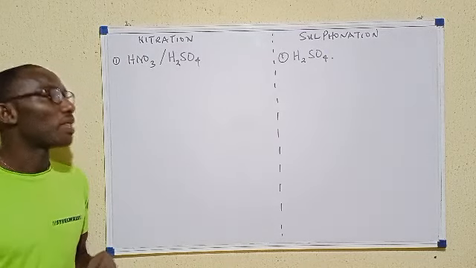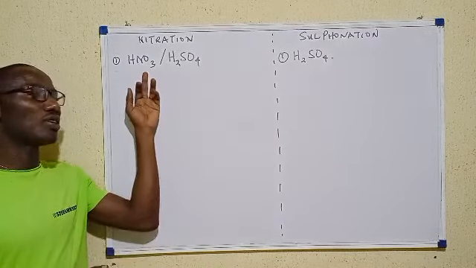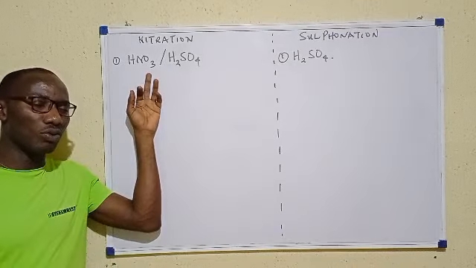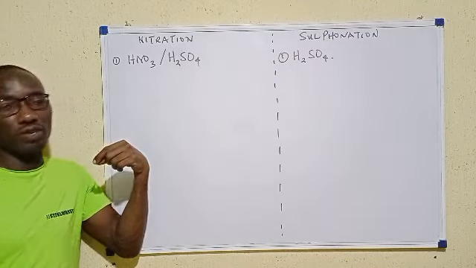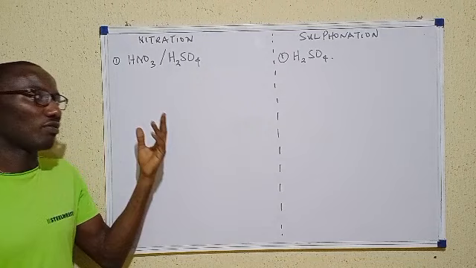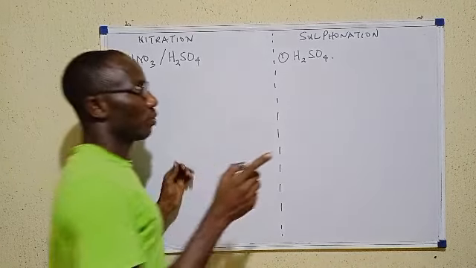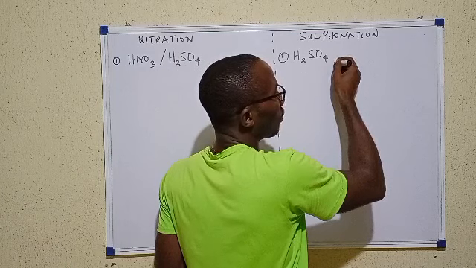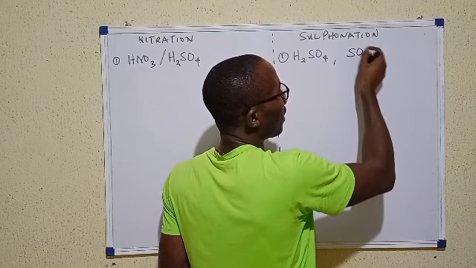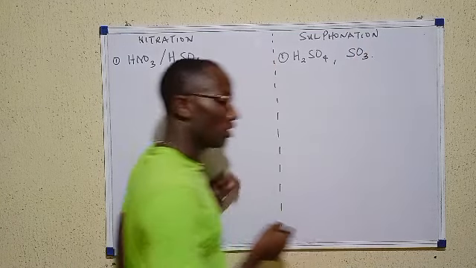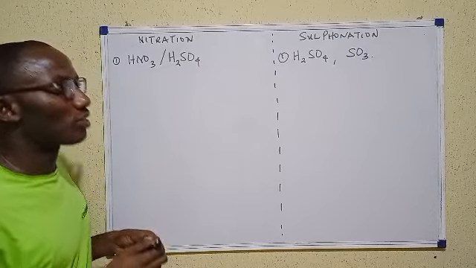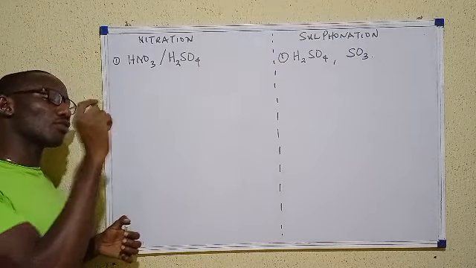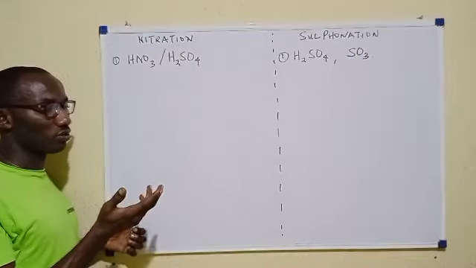However, apart from the H2SO4, this also employs HNO3, which is actually the main reagent. So that's the difference. And let me mention, by the way, that for this sulfonation, in some instances, H2SO4 is not used. Instead, SO3 is used. So look out for SO3 as an agent of sulfonation. It's possible to have it.